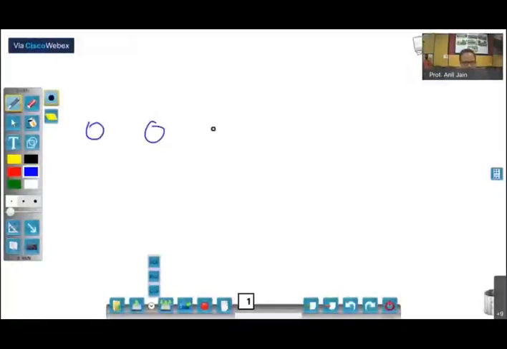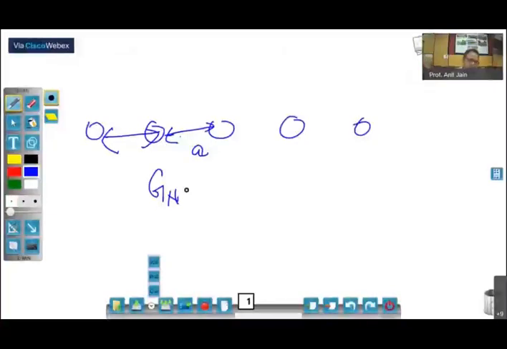Let's assume for simplicity, and suppose this is your A. So now let me talk about Gn, which is the reciprocal lattice vector for your nuclear system. This is nothing but 2 pi by A. Now suppose each of these atoms carries a magnetic moment. Then first let's assume they order in a ferromagnetic structure like this.